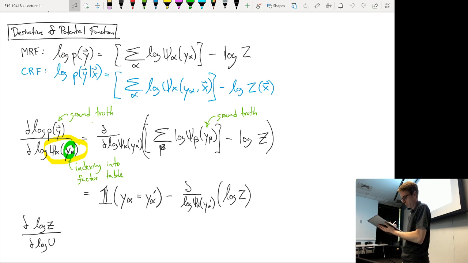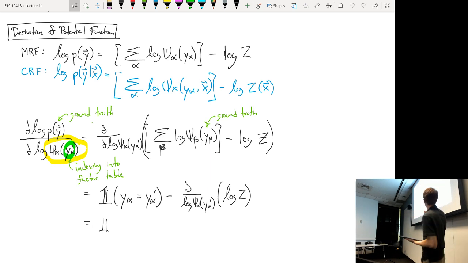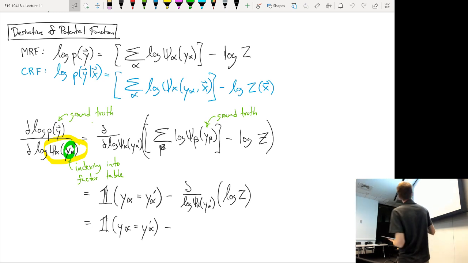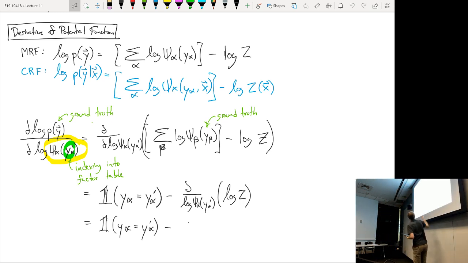We have this indicator function, y alpha equal y prime alpha, minus, and before we even figure out what the derivative of this partition function is, we can just apply the chain rule here, because z is also a function of the potential functions, or z prime. What would we get back by applying the chain rule?